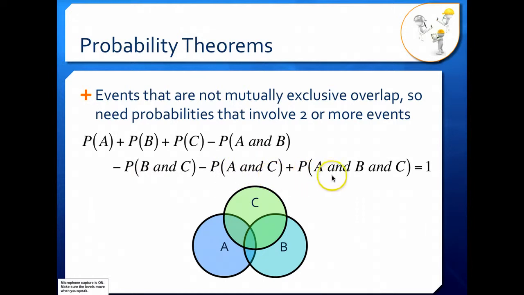Now, if our three events don't overlap together like A, B, and C do, all three at the same time, then this just equals 0. But when you have non-mutually exclusive events, you need to be very careful about where the overlap is so you don't end up with something greater than 1 when you add all of the probabilities together.